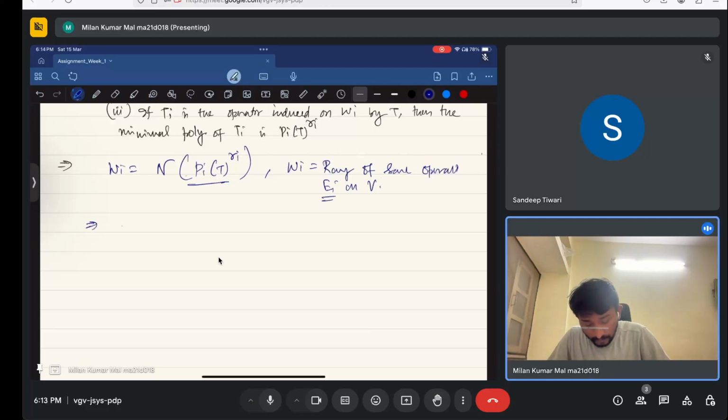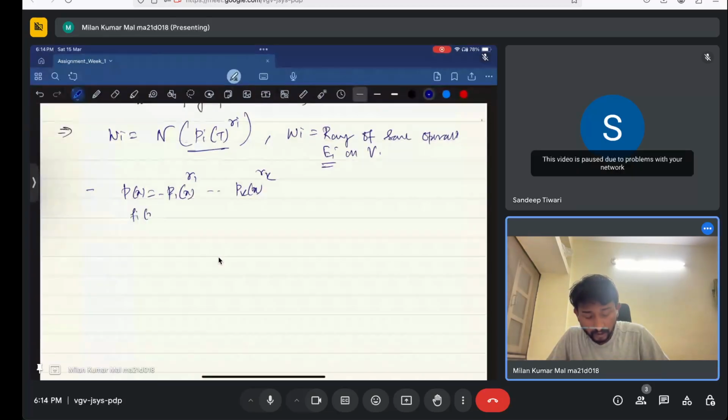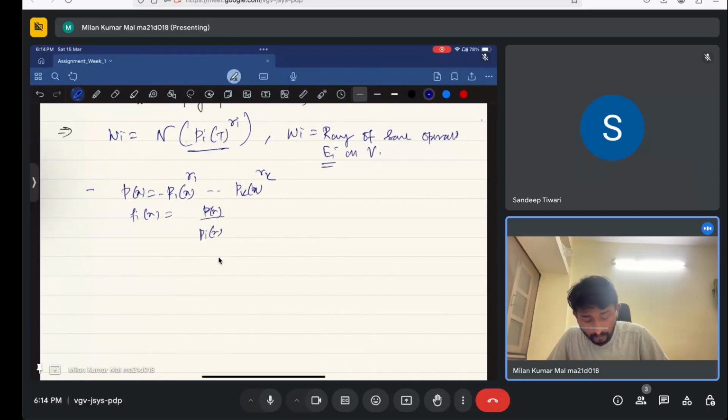So for example, consider P(x) equals (p1(x))^r1 all the way to (pk(x))^rk. Now if I consider fi(x), this equals P(x) divided by (pi(x))^ri.